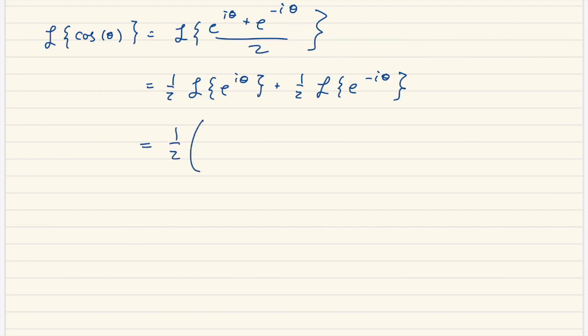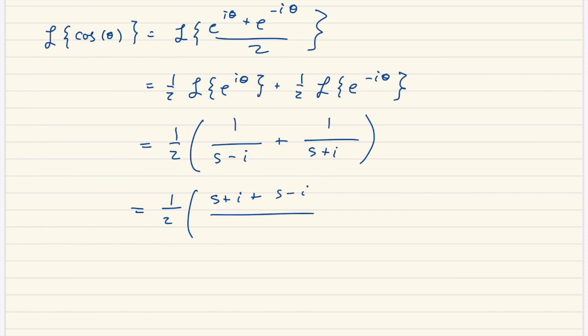The Laplace transform of e to the I theta, we know how to deal with exponential functions. The Laplace transform there is going to be 1 over s minus I. And likewise over here, it's going to be 1 over s plus I. And when we combine these, we're going to end up with s plus I plus s minus I over that product s minus I times s plus I. And so that's going to be 1/2.